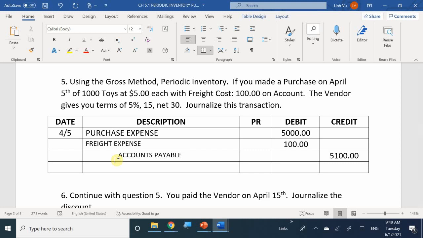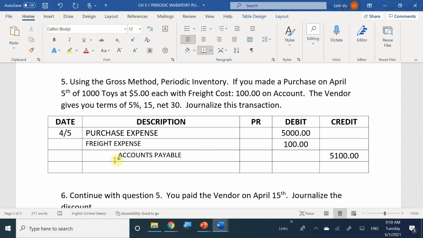So in this case, you already know that you cannot discount the freight. So you do have to subtract that freight out from your total amount that you owe. So that's what I'm saying.